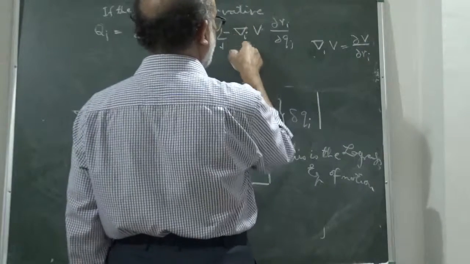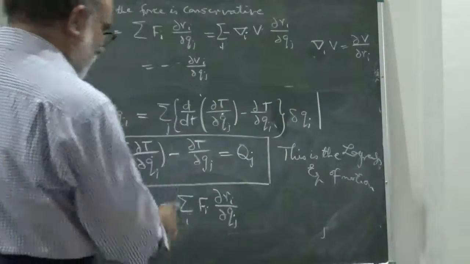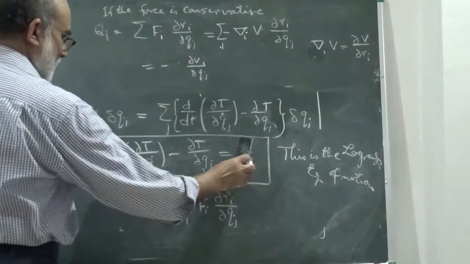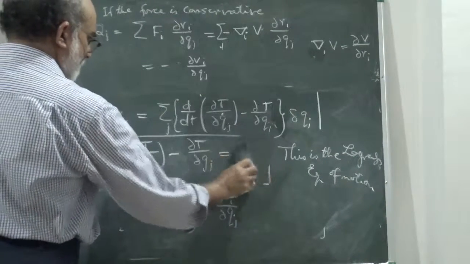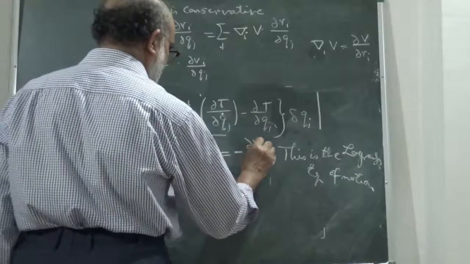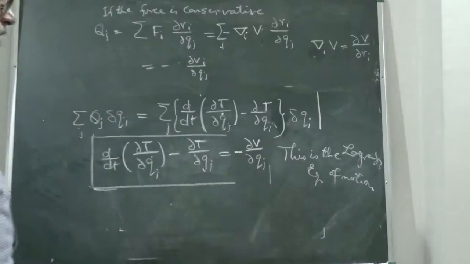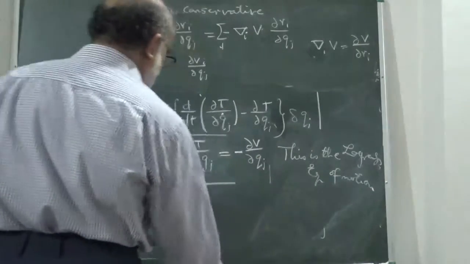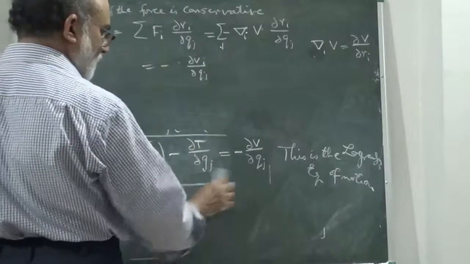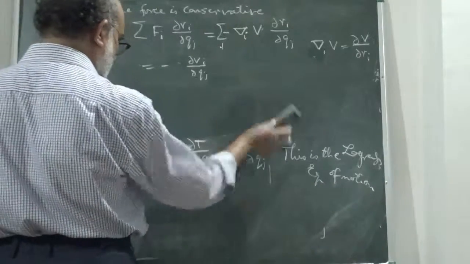So delta V by delta ri, delta ri by delta qj. So if the force is conservative, this equation becomes minus delta V by delta qj. So we will arrange this equation. This is again the equation of motion for the conservative force field.